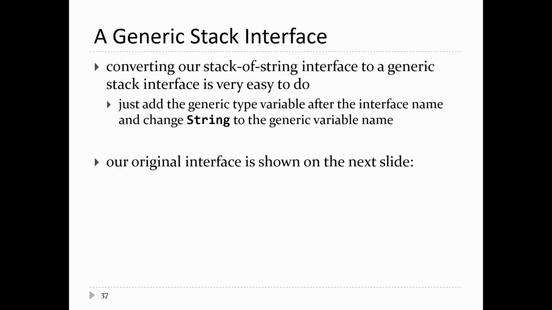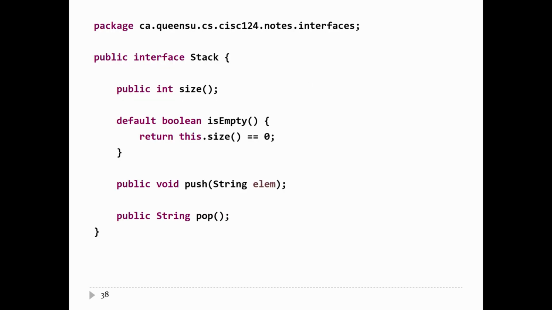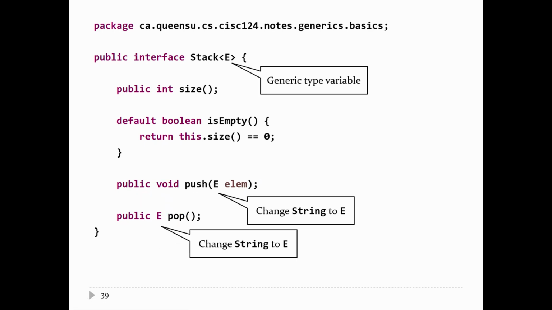Similarly, converting an interface to a generic interface is also very simple. There's the original stack interface that dealt with stacks of strings. If I want to make this a generic interface, well, that's it. Insert your element type, your generic element parameter here.